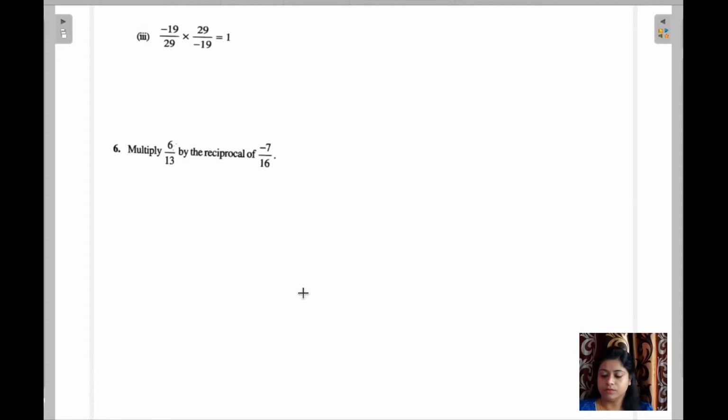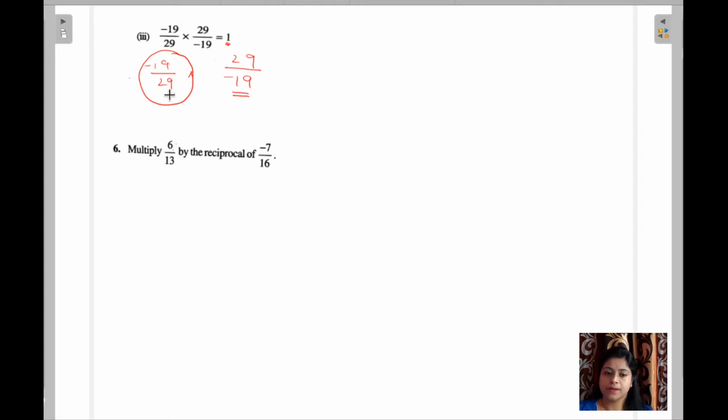Now move to the next sum. Number 3. Minus 19 by 29 multiplied by 29 by minus 19 is equal to 1. Here our answer is 1. See, the first number is minus 19 by 29 multiplied by the second, 29 by minus 19. This number is just the opposite of the first number.